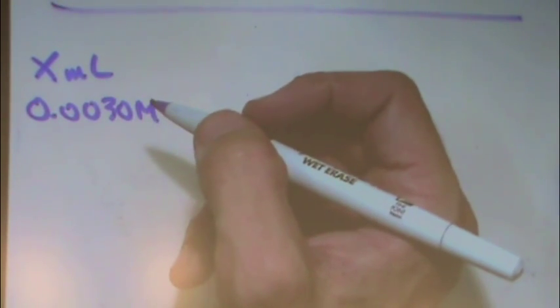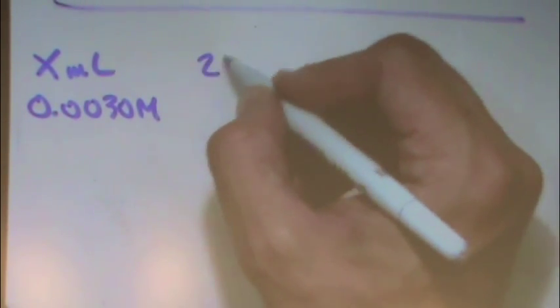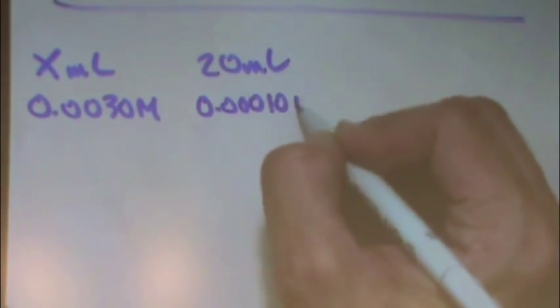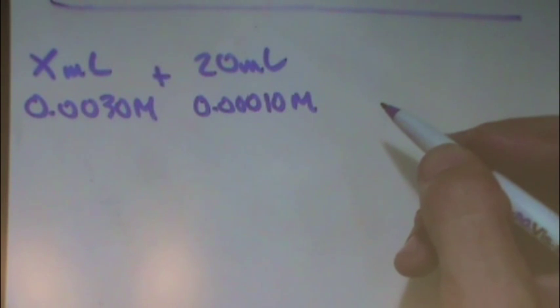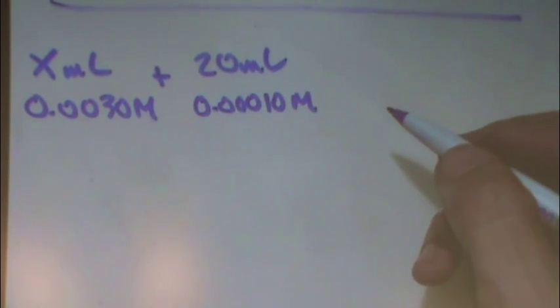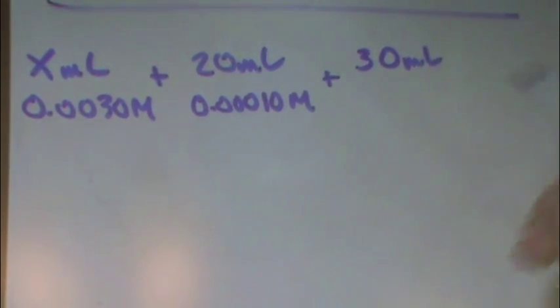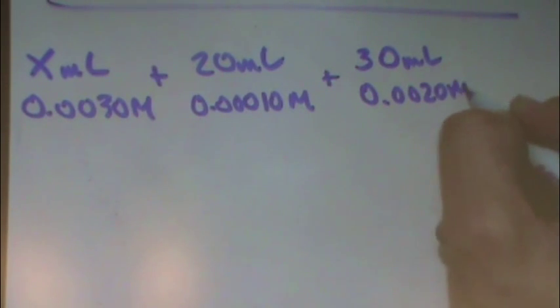That's 0.0030 molar sugar, okay? To that, you're going to mix in 20 milliliters of wine, which is 0.00010 molar sugar. So you're adding those two. Okay? To that, you're adding 30 milliliters, which is with 0.0020 molar sugar.